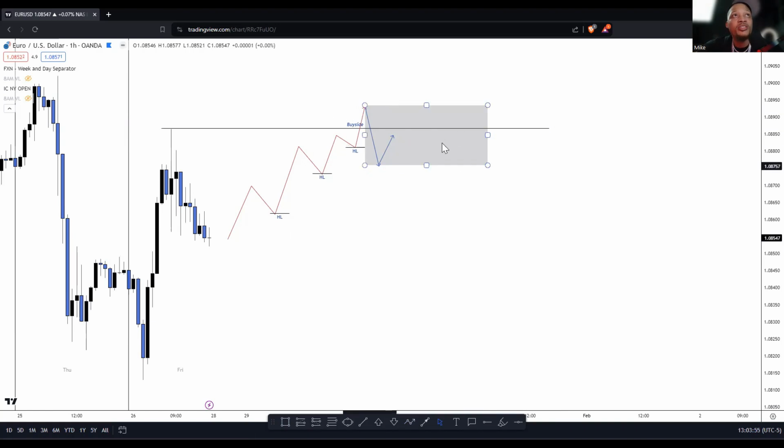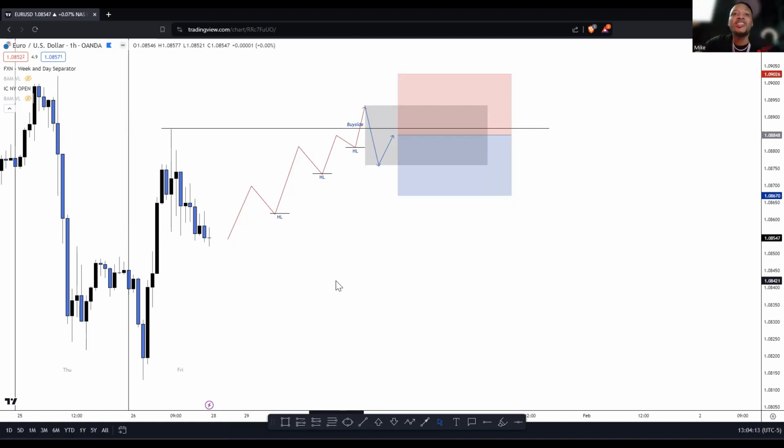So inside of this area, you will look to take an entry. And this is EURUSD. When I trade EURUSD, I'm only doing 8 pip stop losses. My goal is to get 16 pips, risking 1% on that 8 pip stop loss, and to gain 2% on that 16 pip take profit.